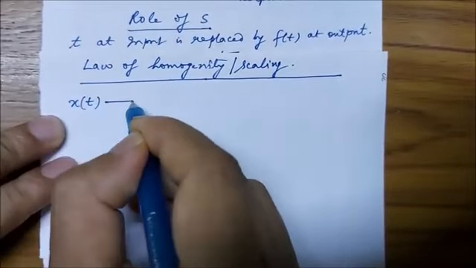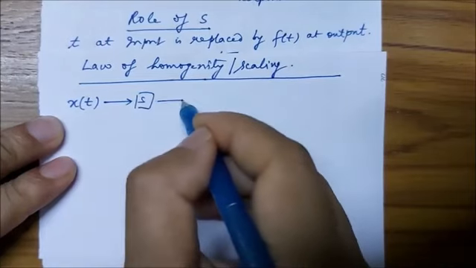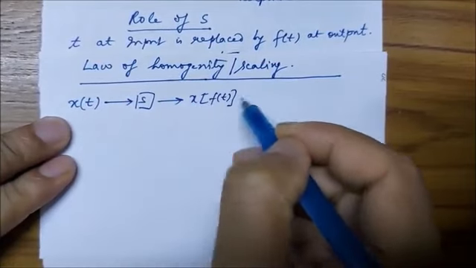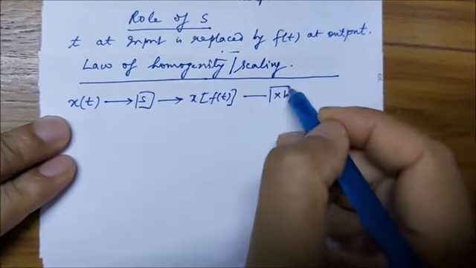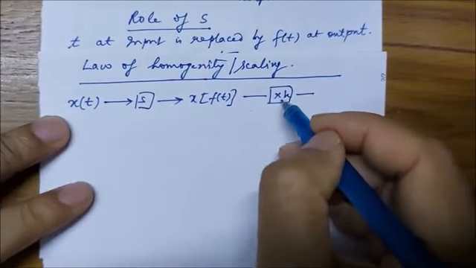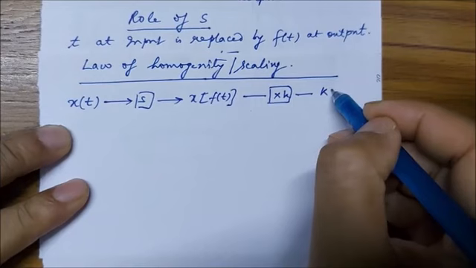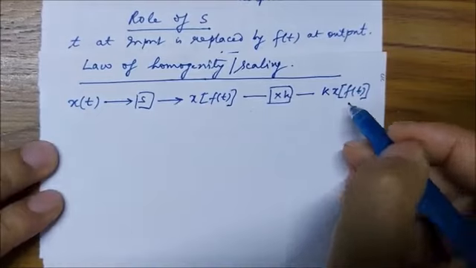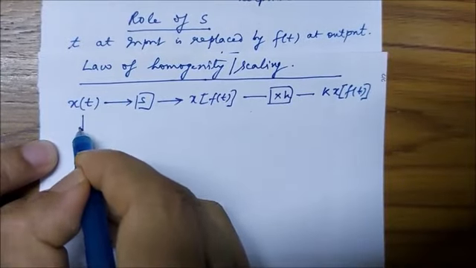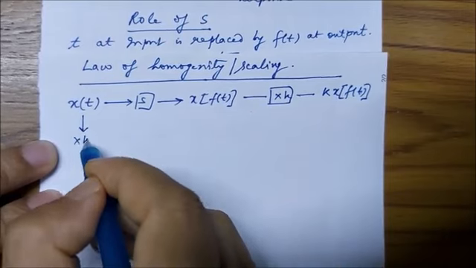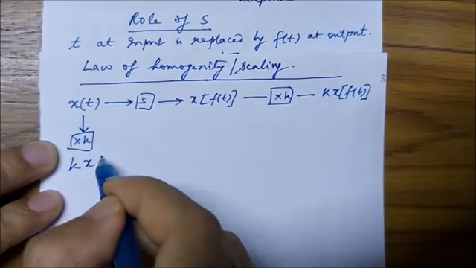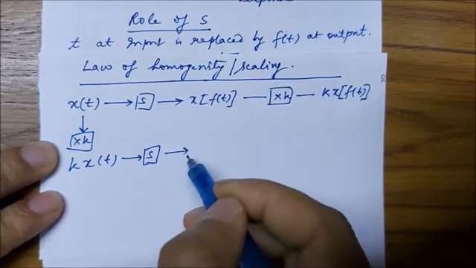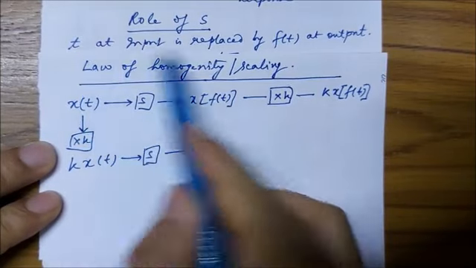So the stimuli applied to the system, and the response is t replaced by f of t, and then we have to scale it, that is multiply by the scale factor k, and we get... And then to the stimuli let us scale it, and what we get is k of x of t, which is passed through the system, and the response again will be replacing t by f of t.